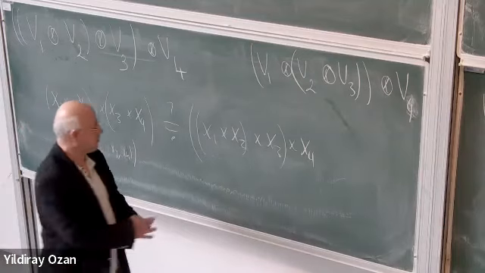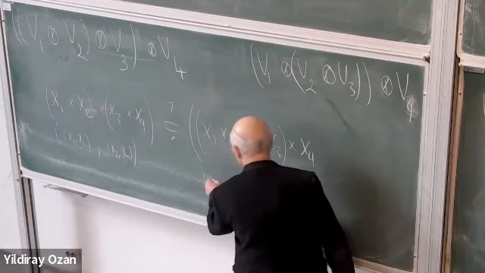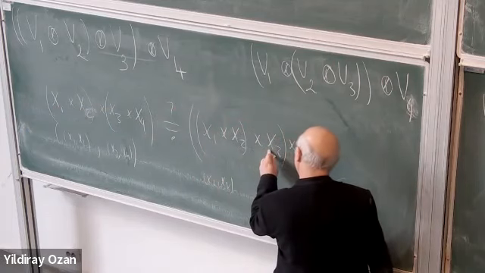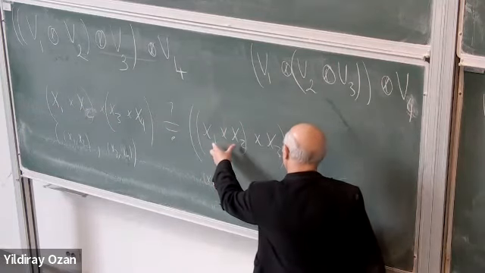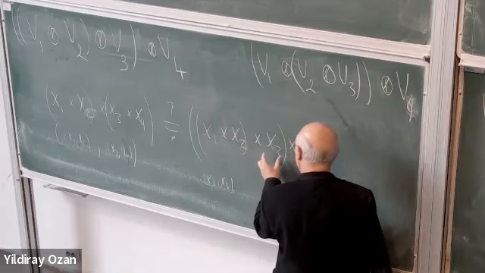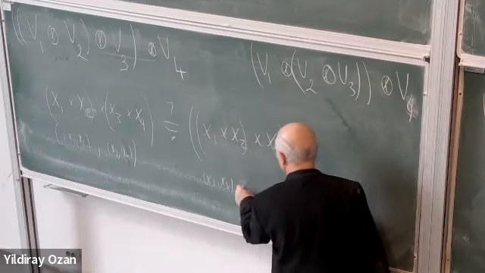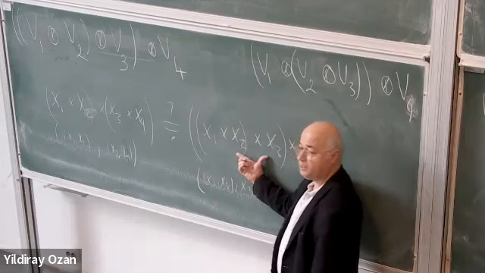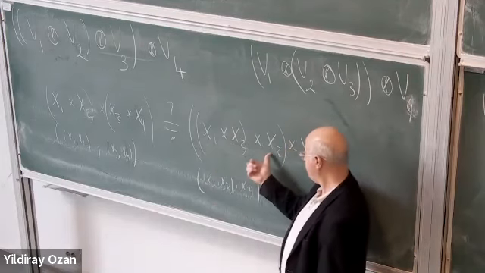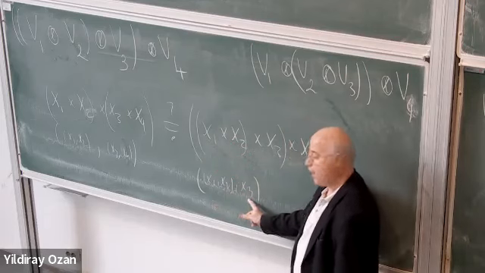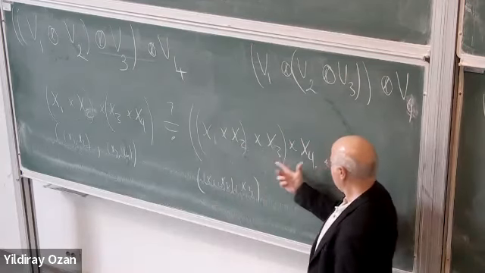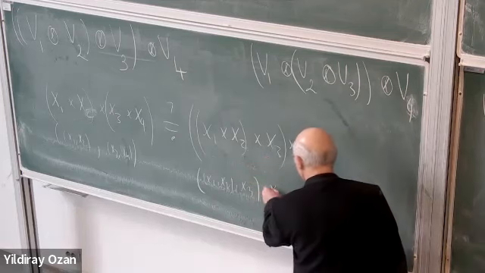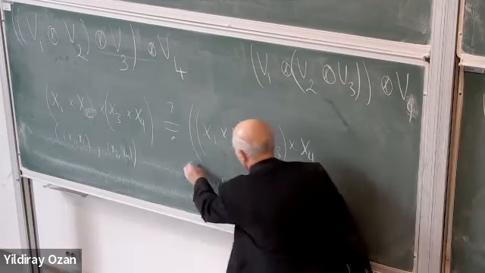What about this gadget? Well, this is just x1, x2, and then you have the Cartesian product with this. So we have something like this. This is the tuple: one element from this, one element from this, and then this is also a tuple, one element from this, one element from this.